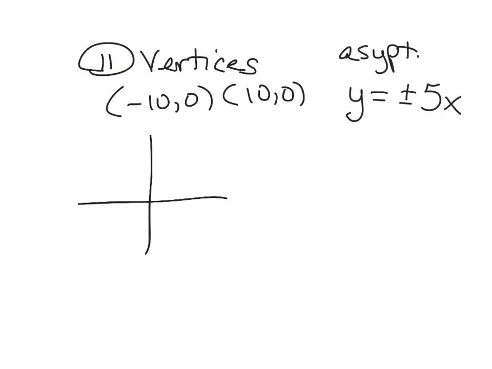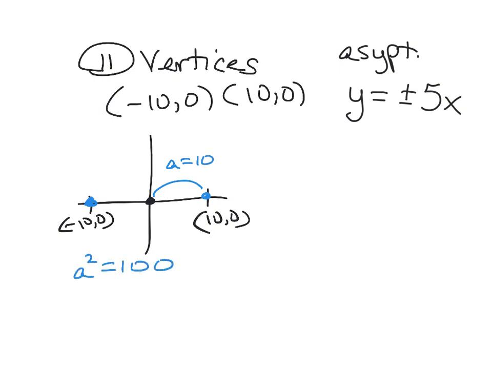If you give yourself the visual, you can see that the center is (0, 0). We can figure out the a value. A is 10 spaces away from the center, so a squared equals 100.